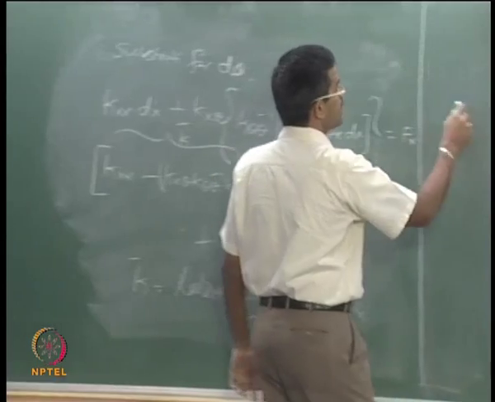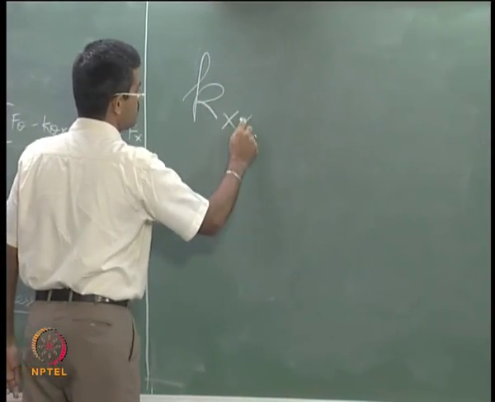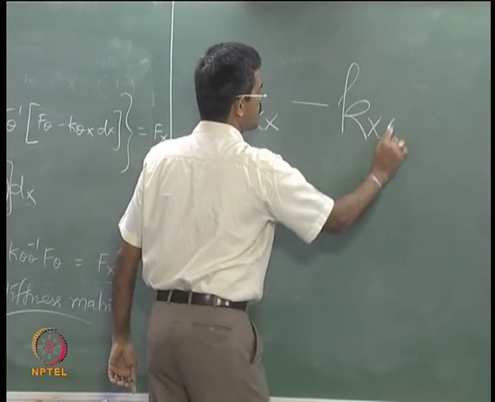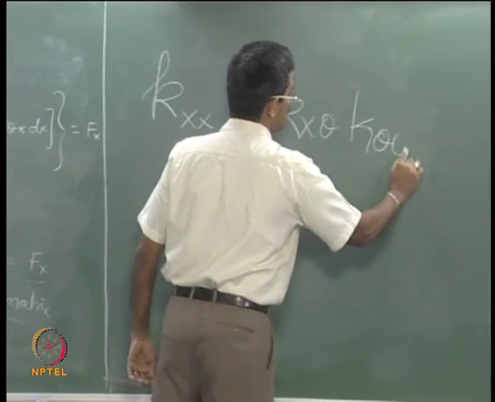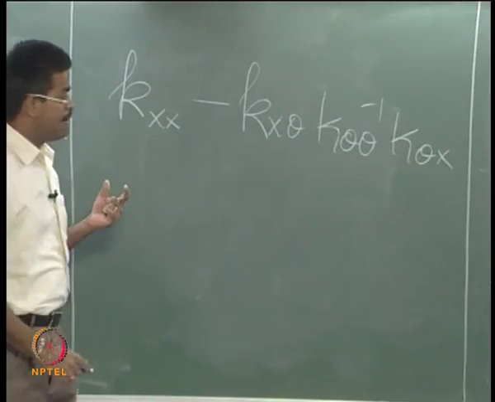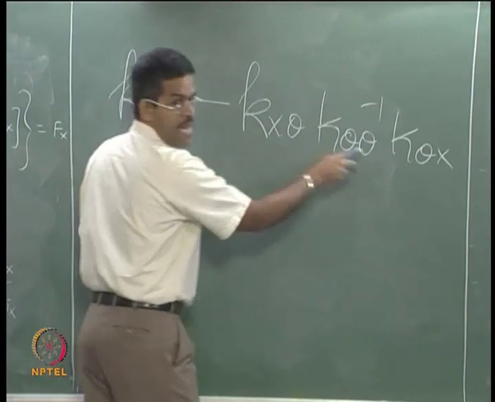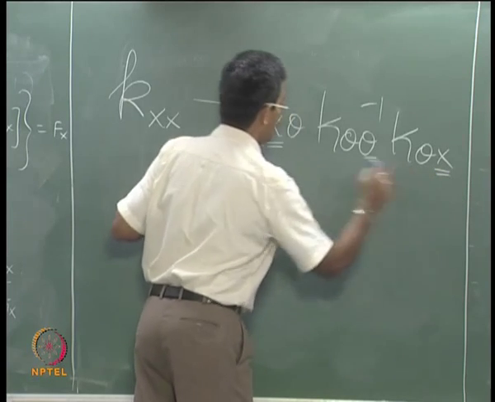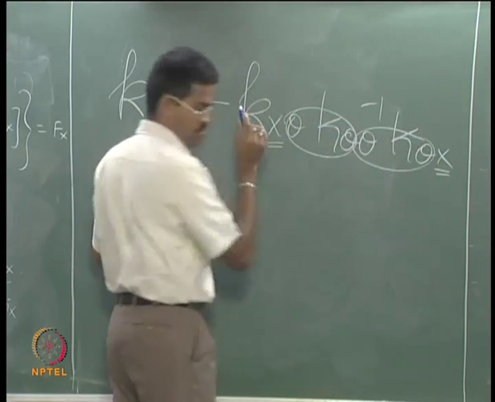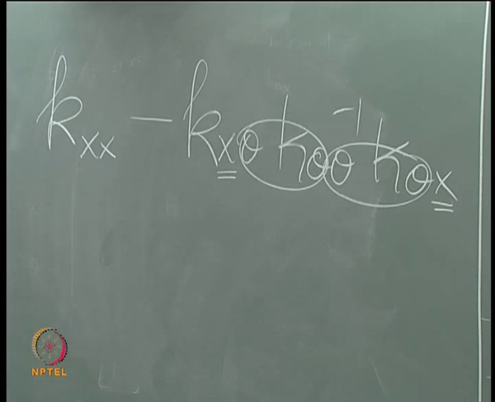See, Kxx minus K x theta K theta theta inverse K theta x. It means I must get Kxx back, theta theta and theta x. It is very easy to remember.